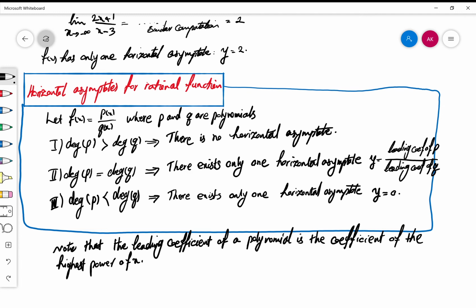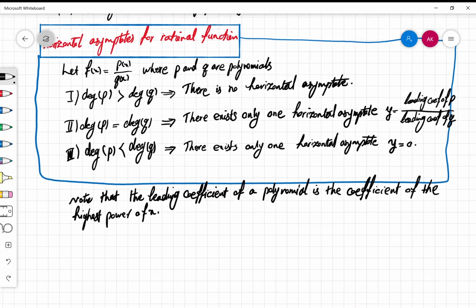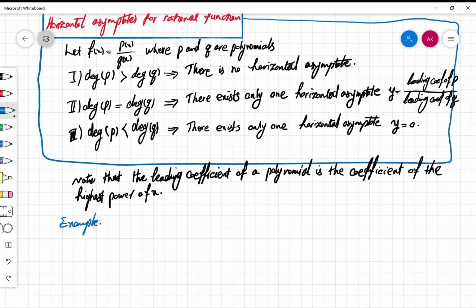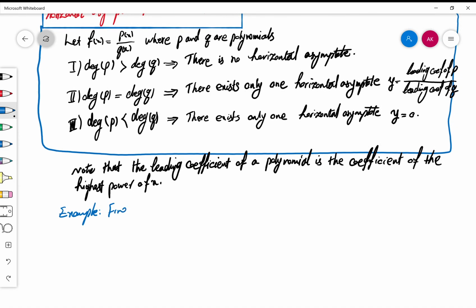So if the degree of the denominator is strictly bigger, there is exactly one horizontal asymptote. Let us do a few examples before we finish this video. Find the horizontal asymptotes.